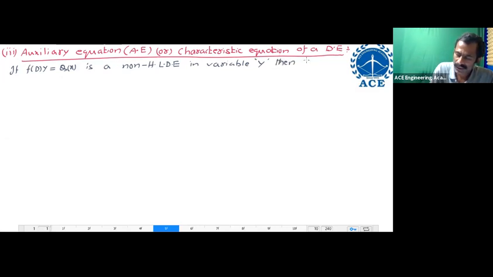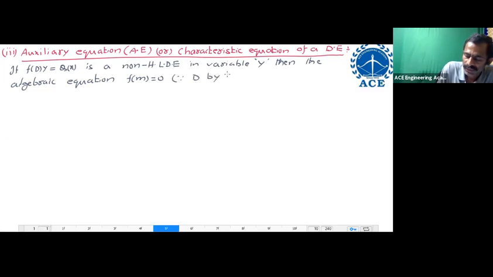Then the algebraic equation f of m equal to 0 is called the auxiliary equation of a differential equation. Here, since D is in f of D, we can obtain f of m from f of D by replacing D by m only.